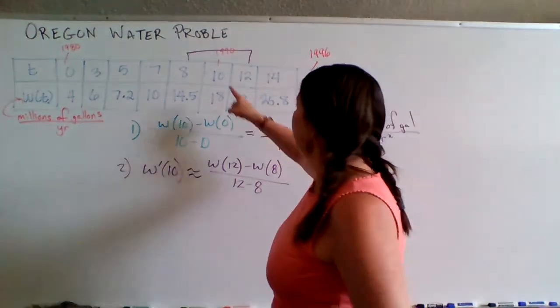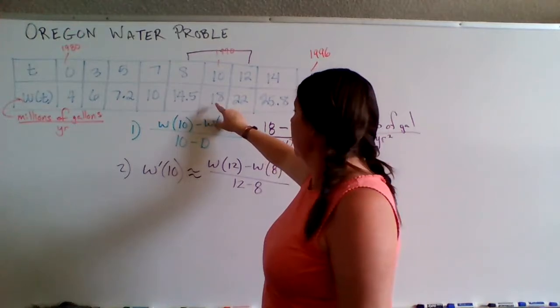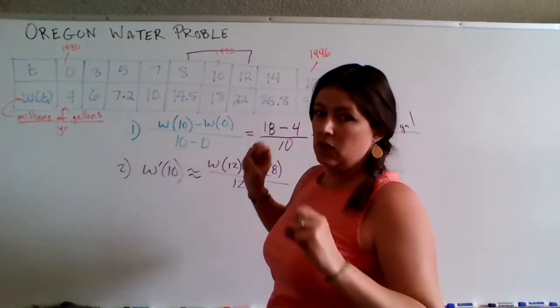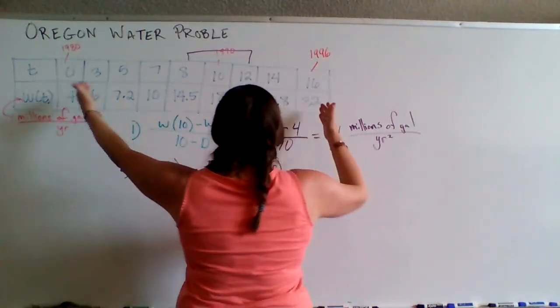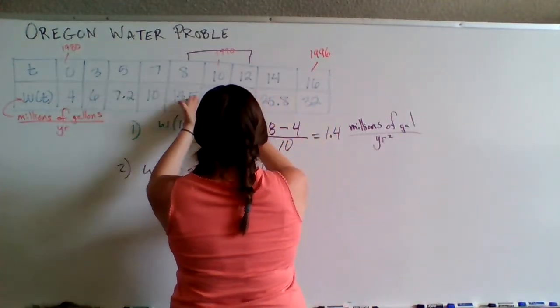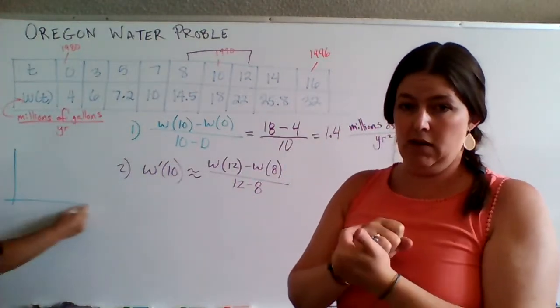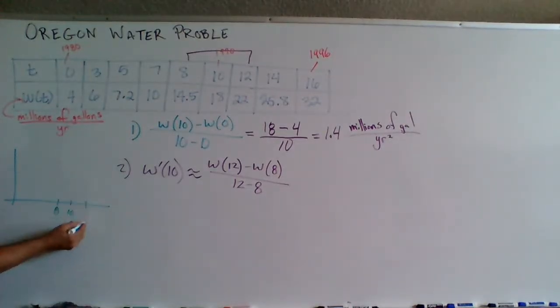Because W of 10 is 18, not W prime, right? That's W of 10. So the idea is to find instantaneous rate of change, you're estimating using the average rate of change. And yeah, 10 is between 0 and 16, but you have to have the two closest. So you want to straddle the ones that are closest to the instant you're talking about in question.